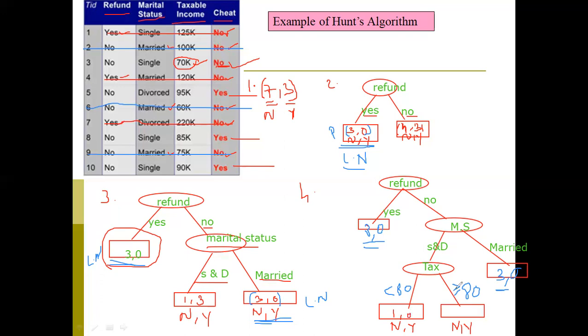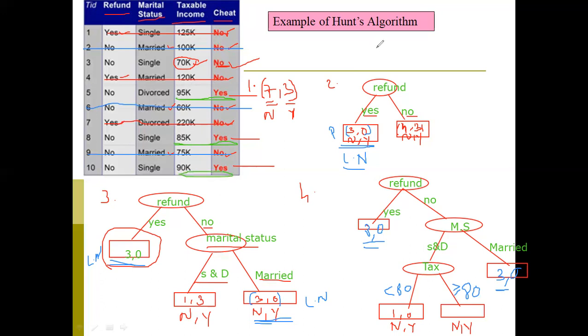Next, greater than or equal to 80k means 3 records are there. Under these 3 records, check how many No's are there and how many Yes are there. 95k is Yes, 85k is Yes class label, and 90k is Yes class label.